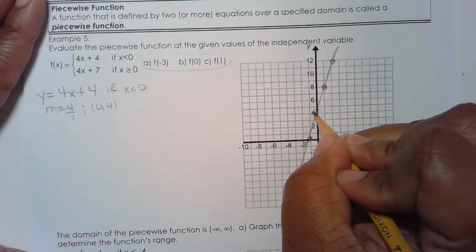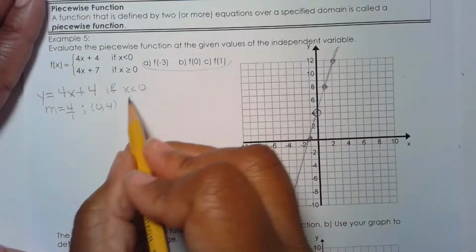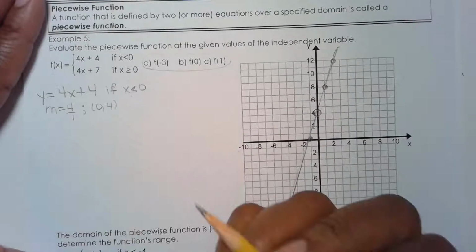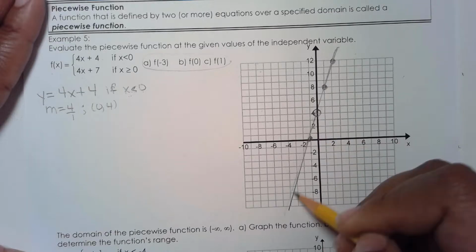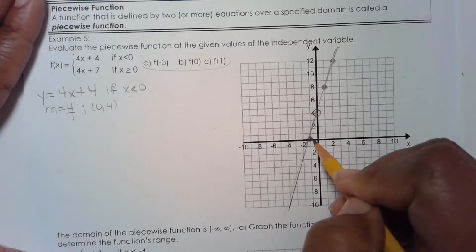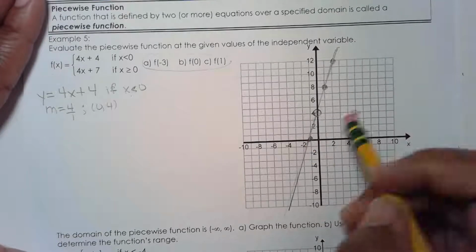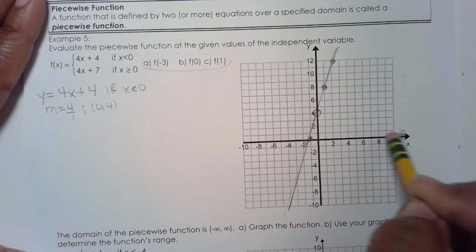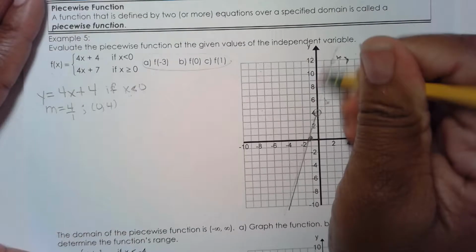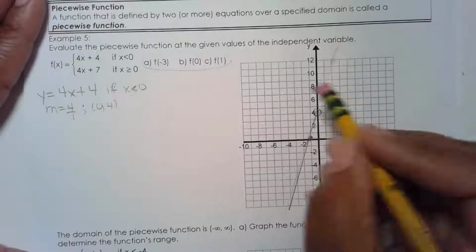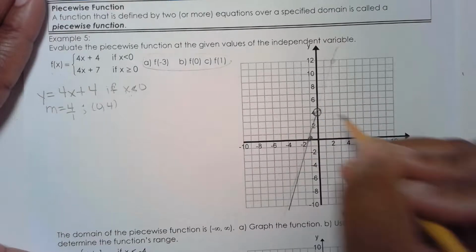So here at 0, 4, because it says less than 0, we have an open circle. That means we want to look at all values to the left of 0, meaning -1, -2, -3, -4. We can keep going. Any values to the right of 0 must be excluded. That's not part of this first equation.